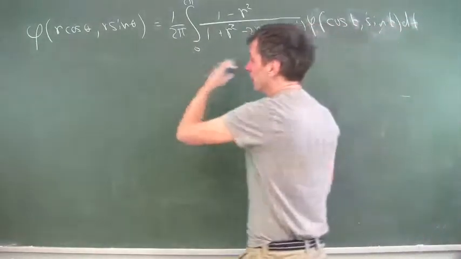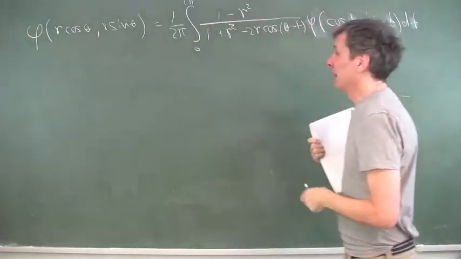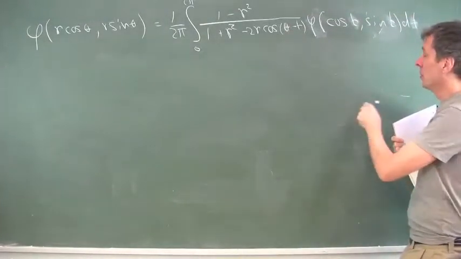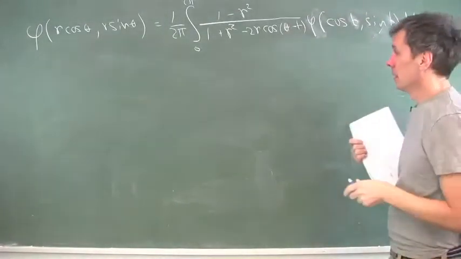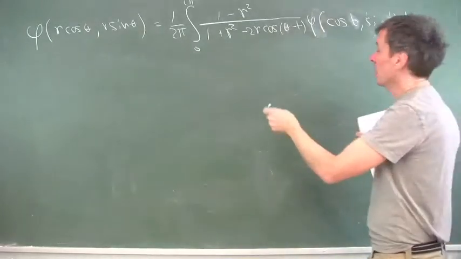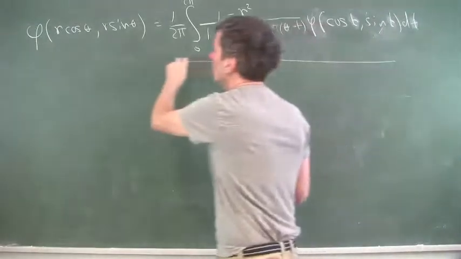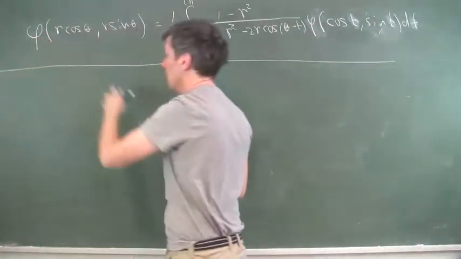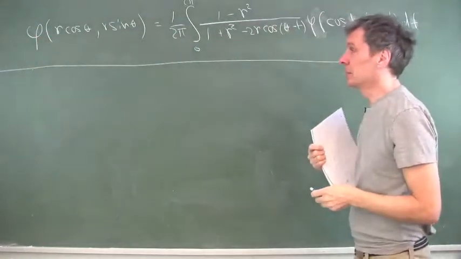So this is a formula which is very useful in real analysis, for example in potential theory. But of course, if you want, you can also use it to represent analytic functions.